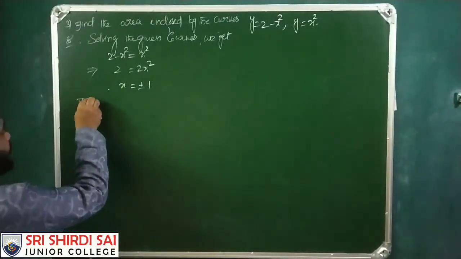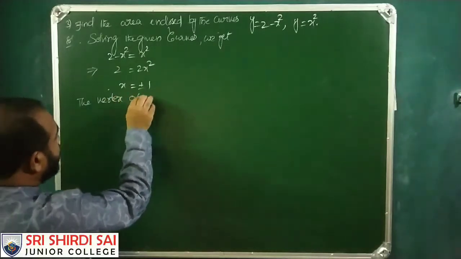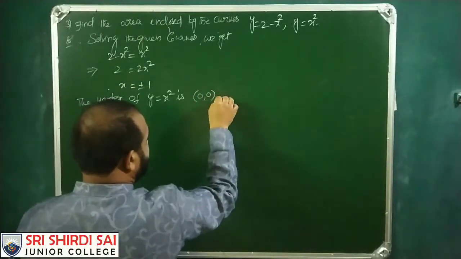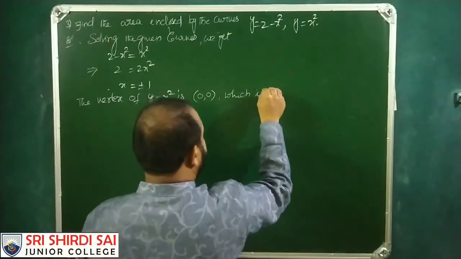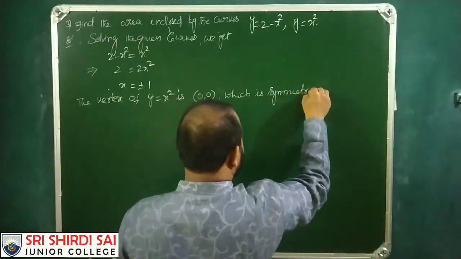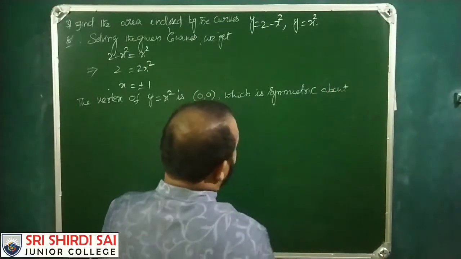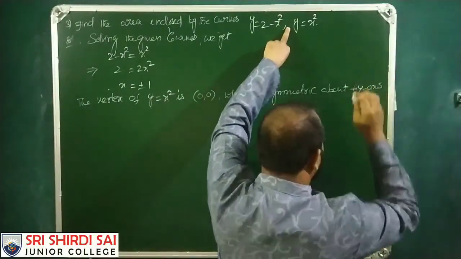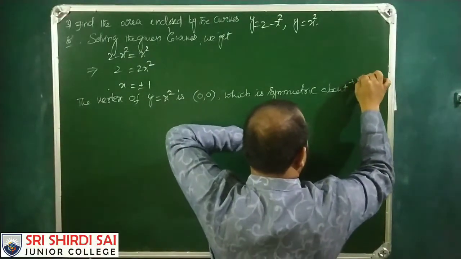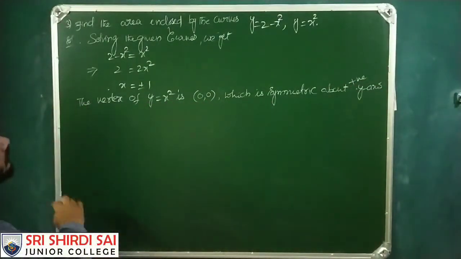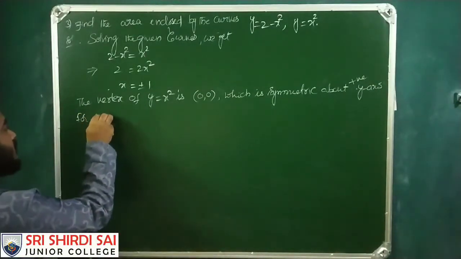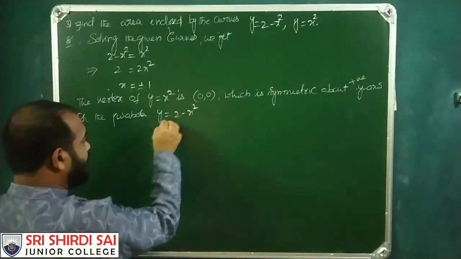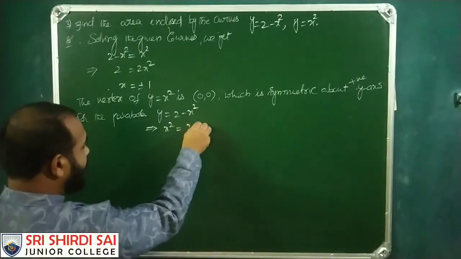The vertex of y equals x square is 0, 0, which is symmetric about the positive y axis, as x has an even power. Next, for the parabola y equals 2 minus x square, x square equals 2 minus y.